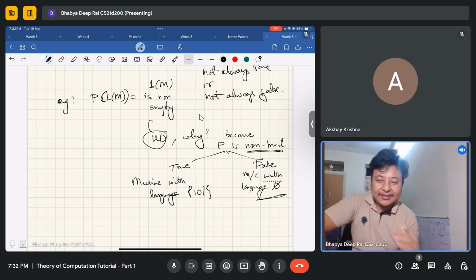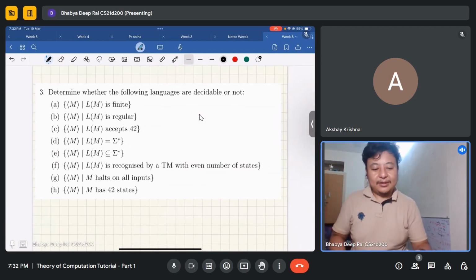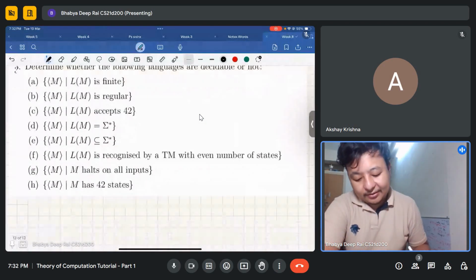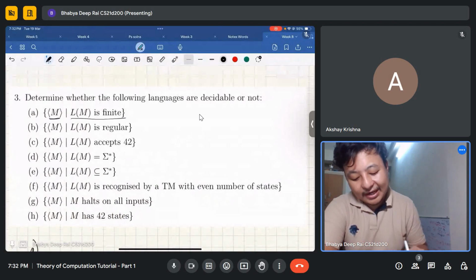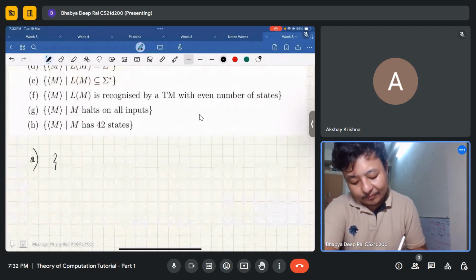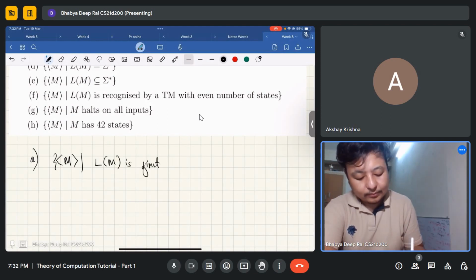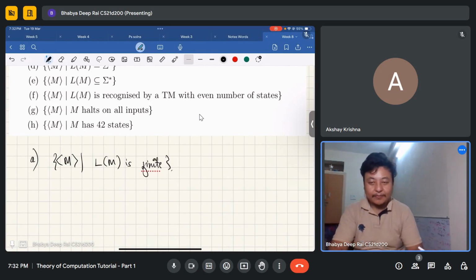So now, because of this, we can quickly apply it to several languages, right? So here is a question. A is all those machines such that language of M is finite.